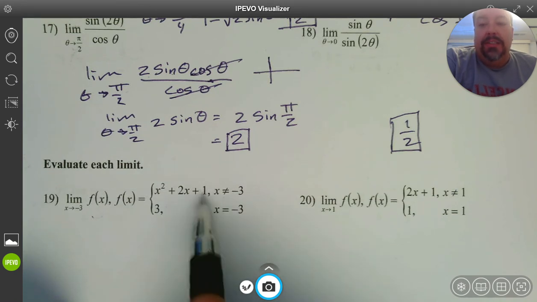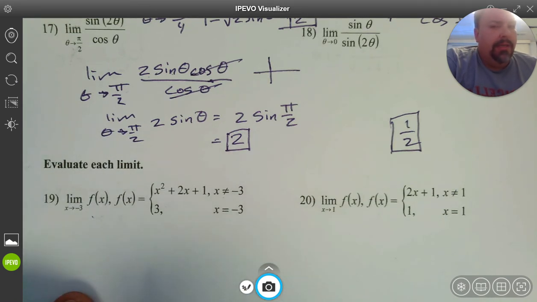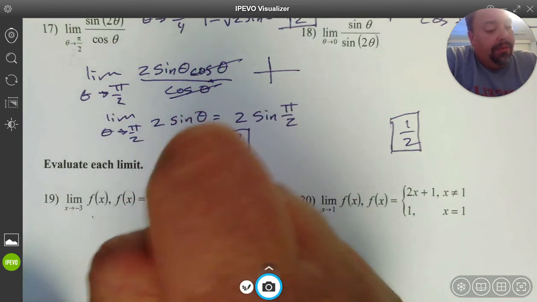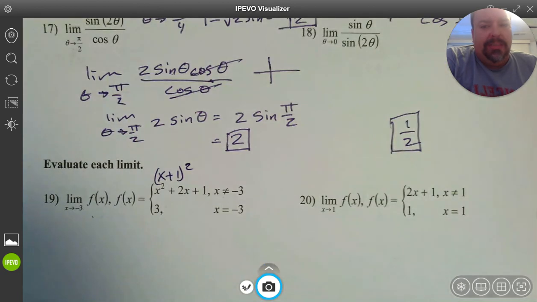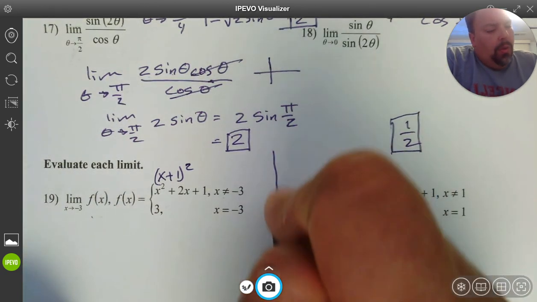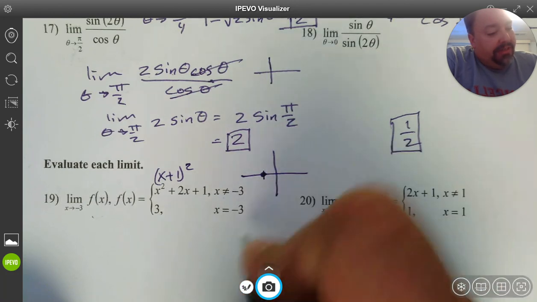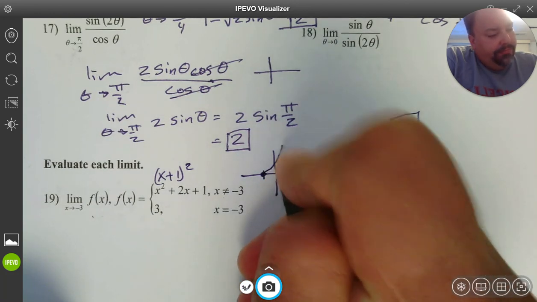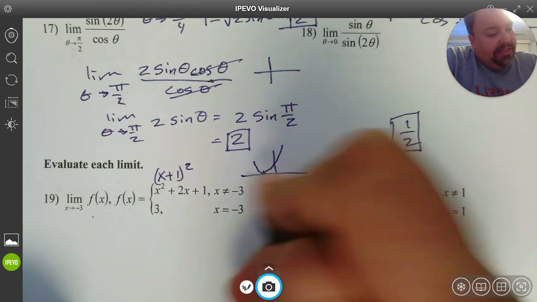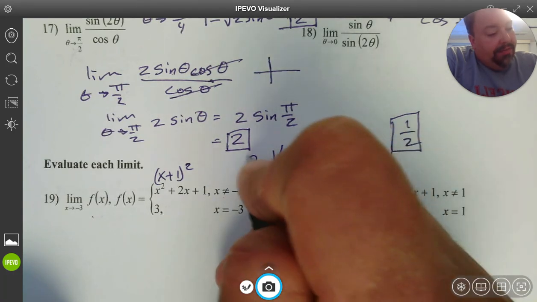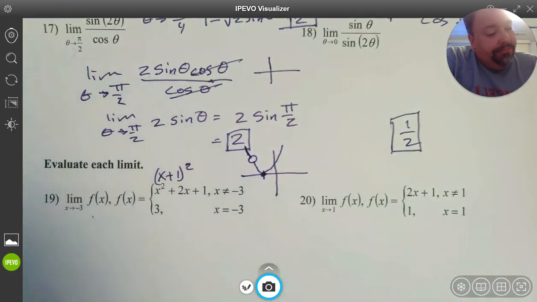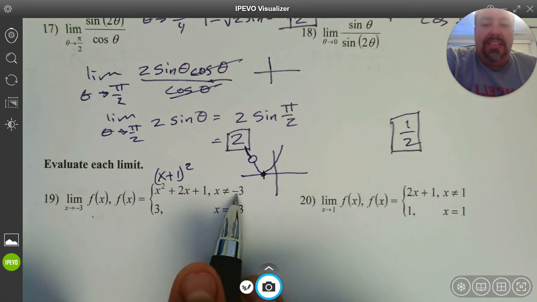Now think about what this looks like, x squared plus 2x plus 1. Just recognize that that's a quadratic. And if you think a little bit further, we could factor it into x plus 1 squared, which means it's going to be a parabola that has its vertex here at -1. And it kind of looks like this, except at -3, it's going to have an open circle because it's not defined there.